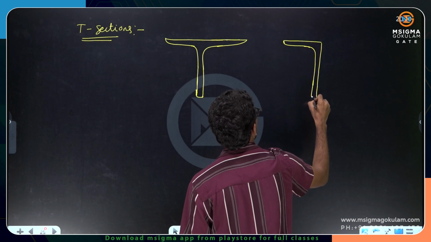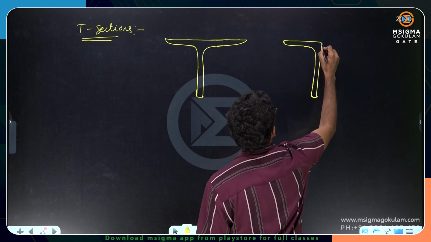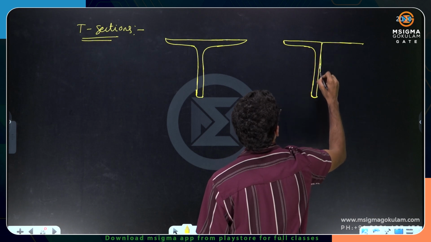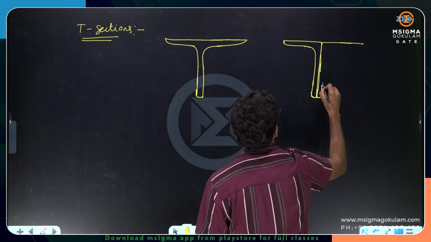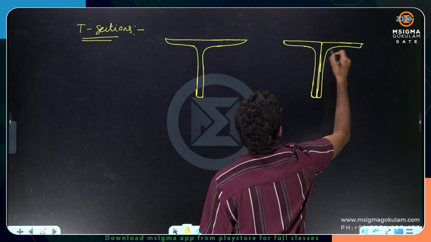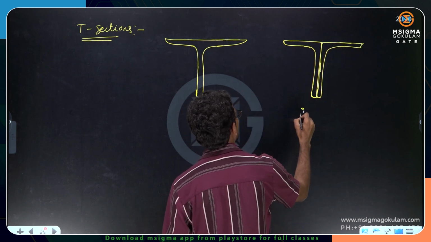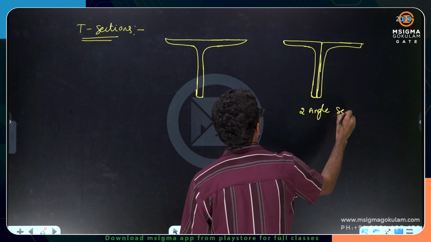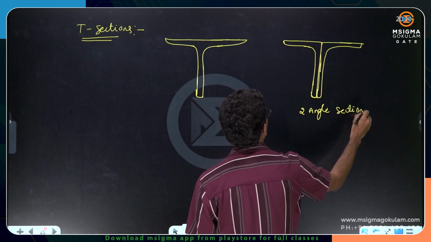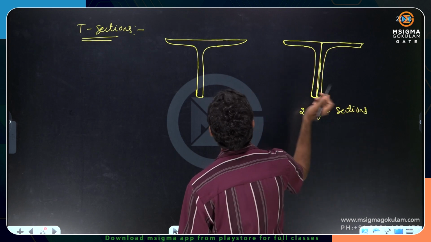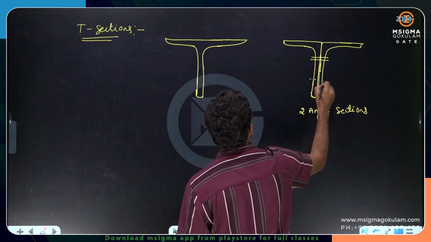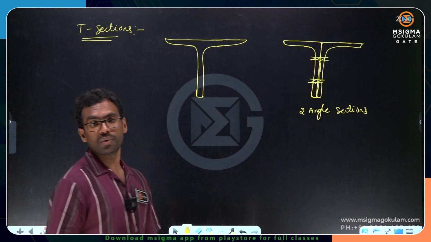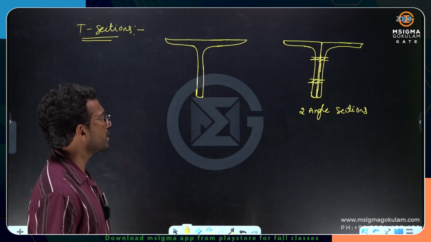Take another angle section also and connect two angle sections back to back. Then you get the T section, that's all. So two angle sections connected back to back will give you T section. That's why very least number of T sections we are getting from Indian rolling mills. So this is not having much significance.